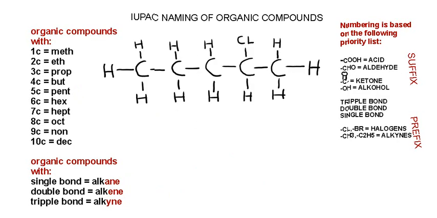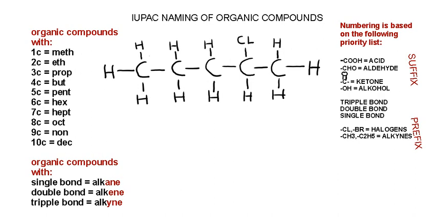We are going to start by numbering the organic compound to find out how many carbons we have. So let's go ahead: 1, 2, 3, 4, 5. That is in the forward direction.